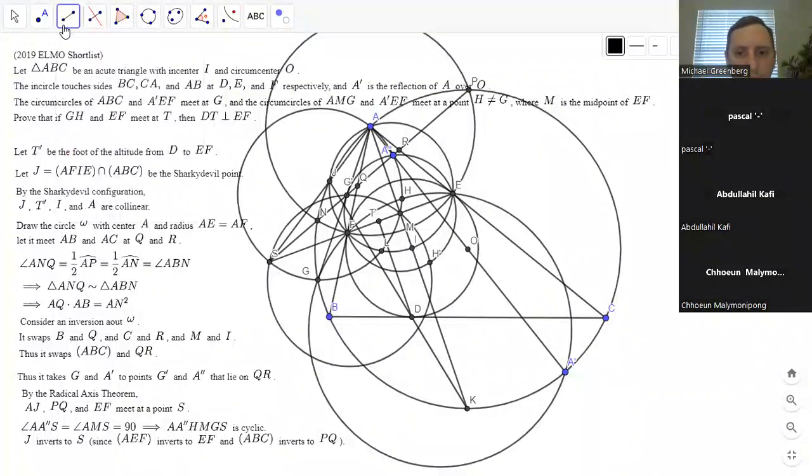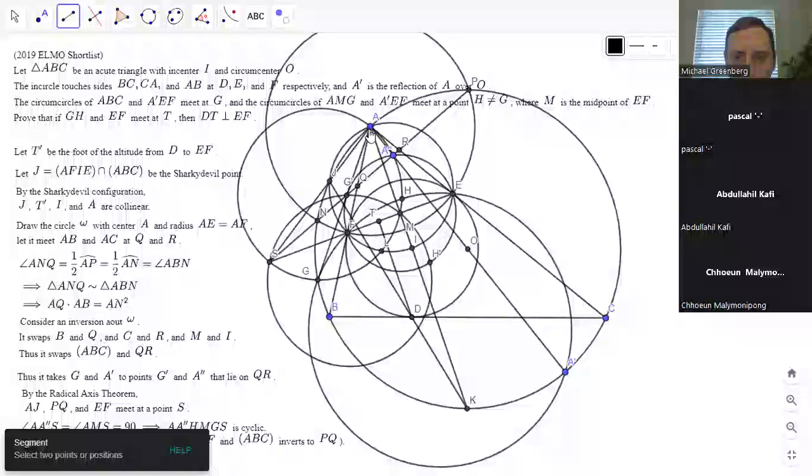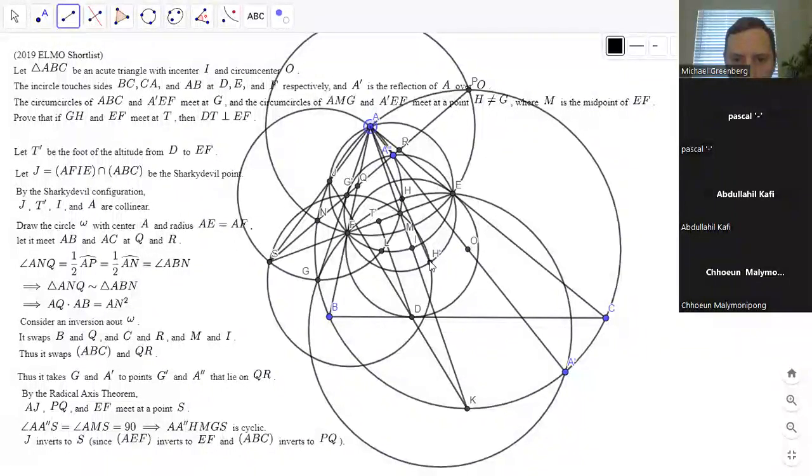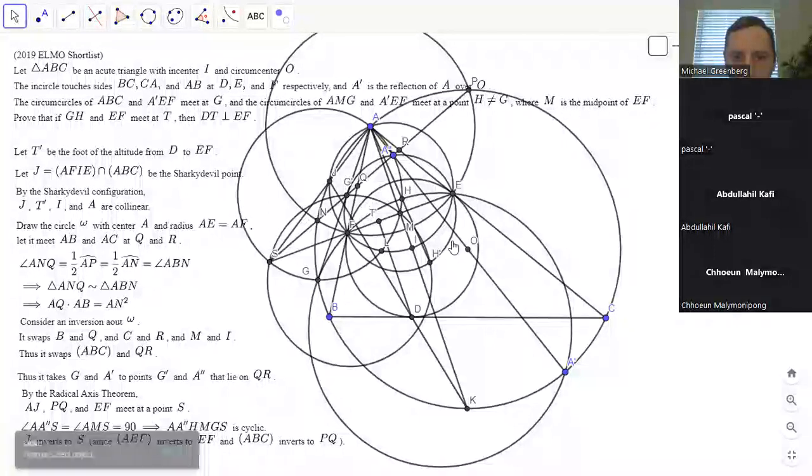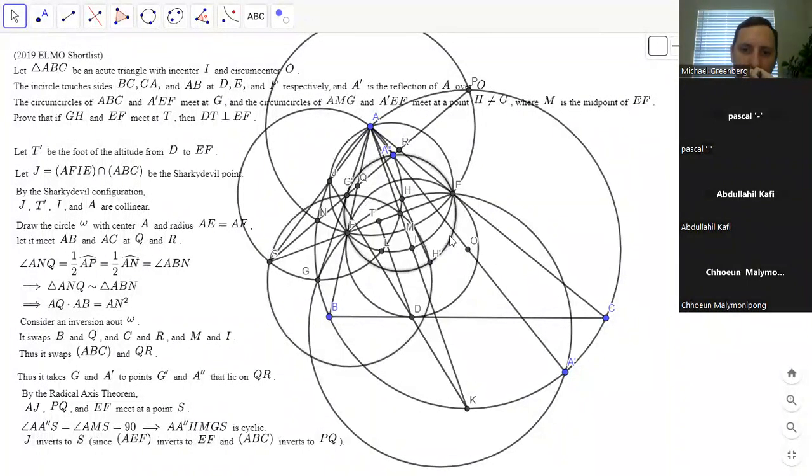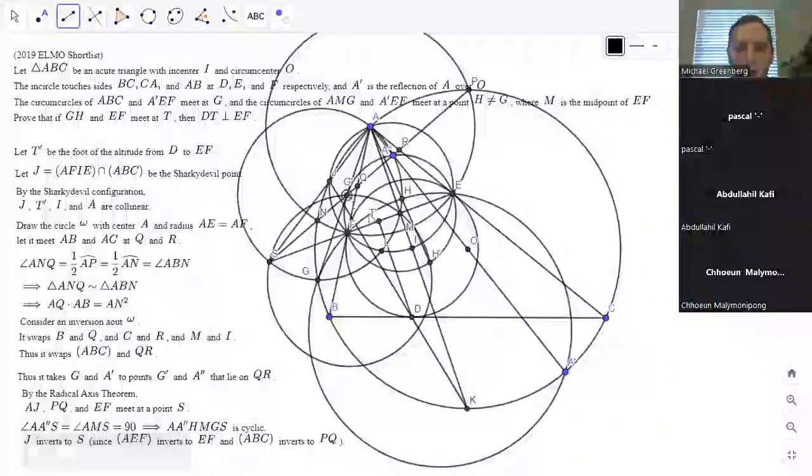So H prime is the intersection of this circle. How do we define H prime? Just the intersection of these two circles. Oh, but H prime we know lies on this. We wanted to show that. And so I think that helps prove it.